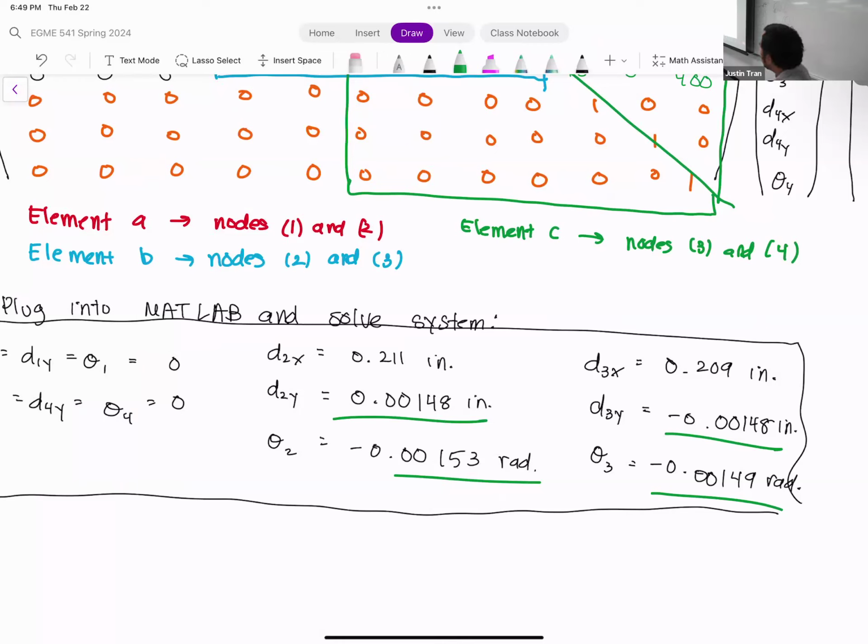I think if you compute the condition number, that matrix is going to be very close to 0. I'll think about it a bit more and have a better answer for you on Tuesday, but I wouldn't put too much stock into this, because it's so much less than the X deformations.